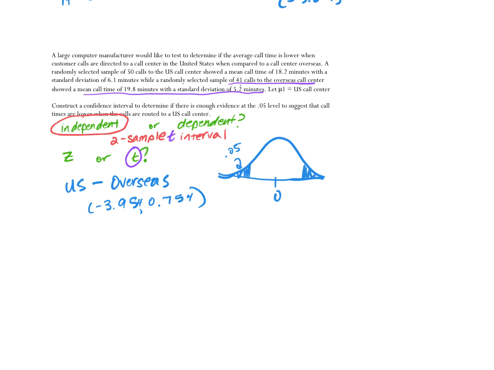So the confidence level has to be two-sided, 0.9. Totally screwed that up.